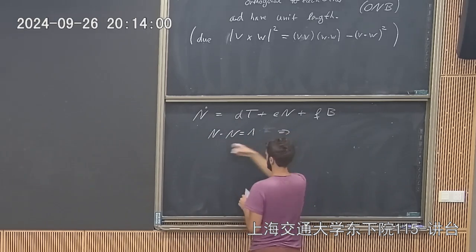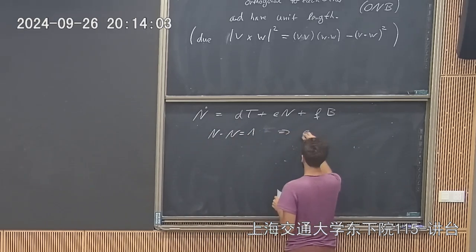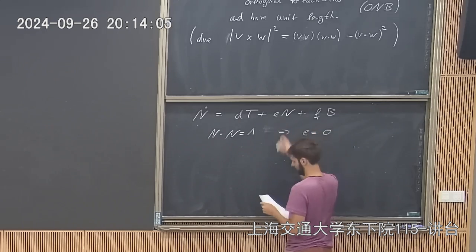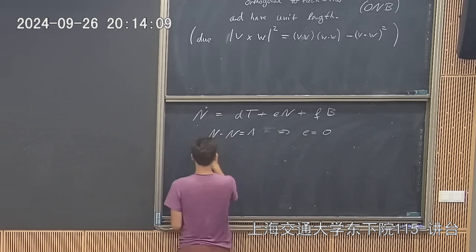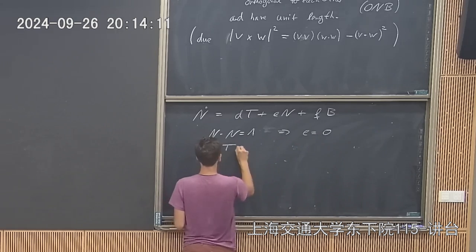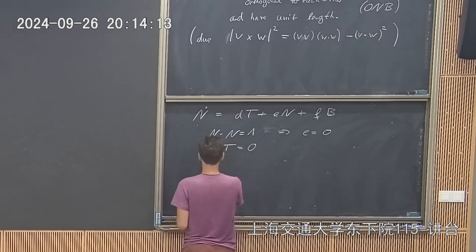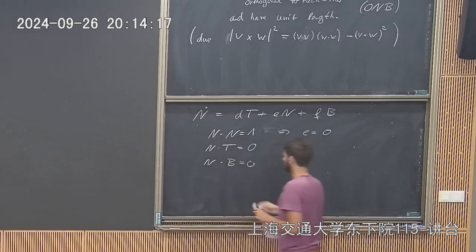Here we take the derivative again, and that follows then that e equals 0. So that part vanishes. And then we have the constraint that n has to be orthogonal to t and b.